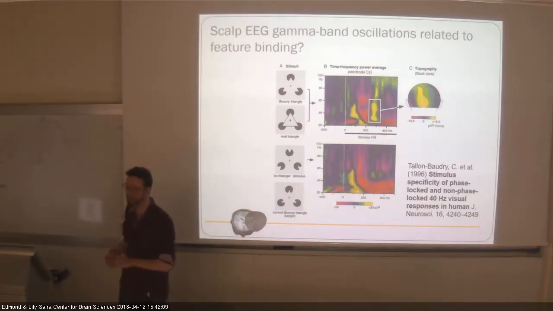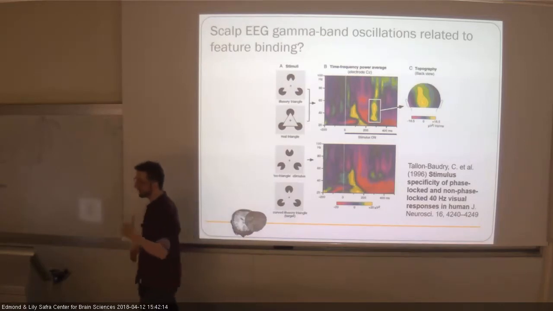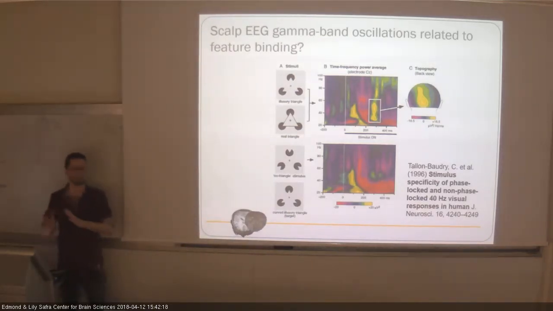So you remember the example I gave you with gamma oscillations and the theory that different brain areas communicate through coherence in the gamma frequency band.